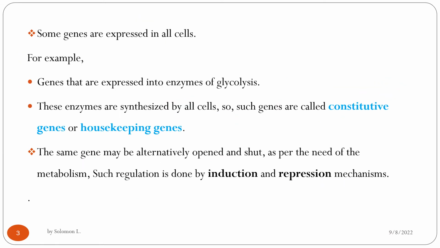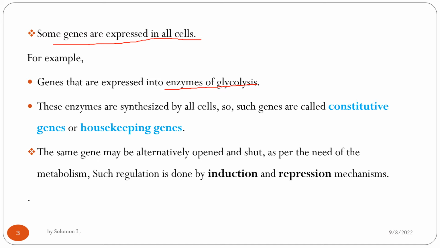Still, there are some genes that are expressed in all cells. For example, genes that are expressed into enzymes of glycolysis are such type of genes. As you know, glycolysis is a pathway through which glucose is oxidized. For this purpose, a number of enzymes are required.